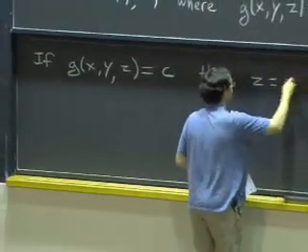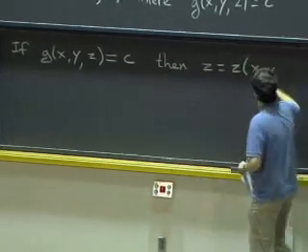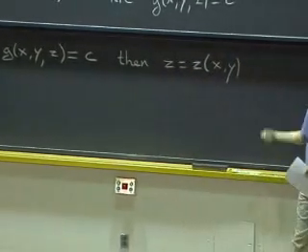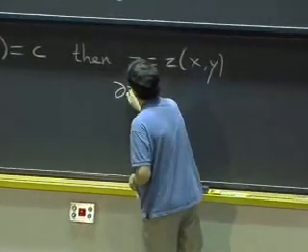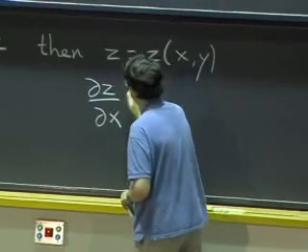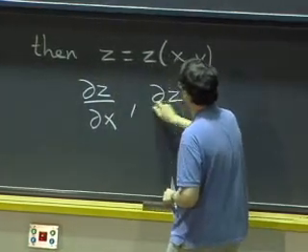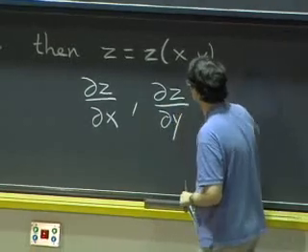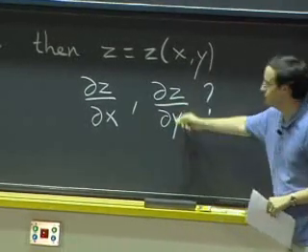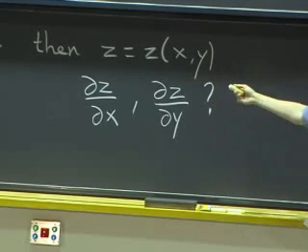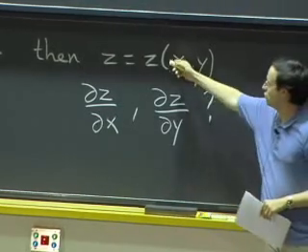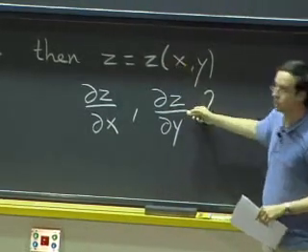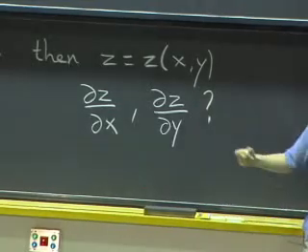So if, for example, you can think of z as a function of x and y. So we can ask ourselves, what are the rates of change of z with respect to x keeping y constant, or with respect to y keeping x constant? And of course, if we can solve, then we know a formula for this, and then we can compute these guys. But what if we can't solve?